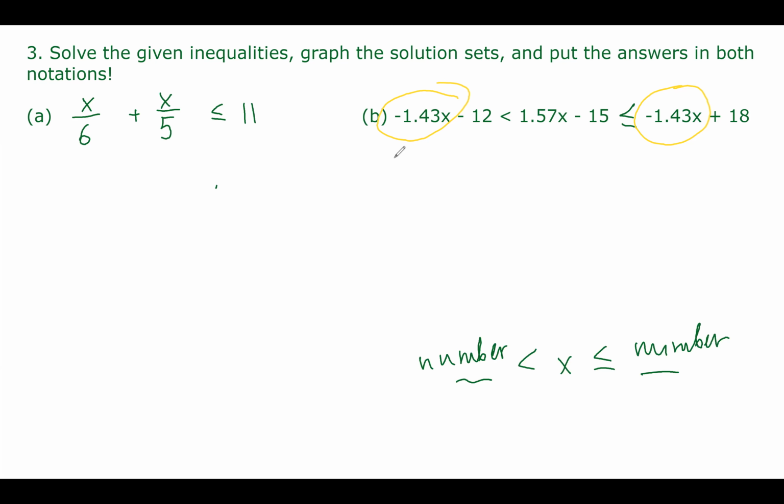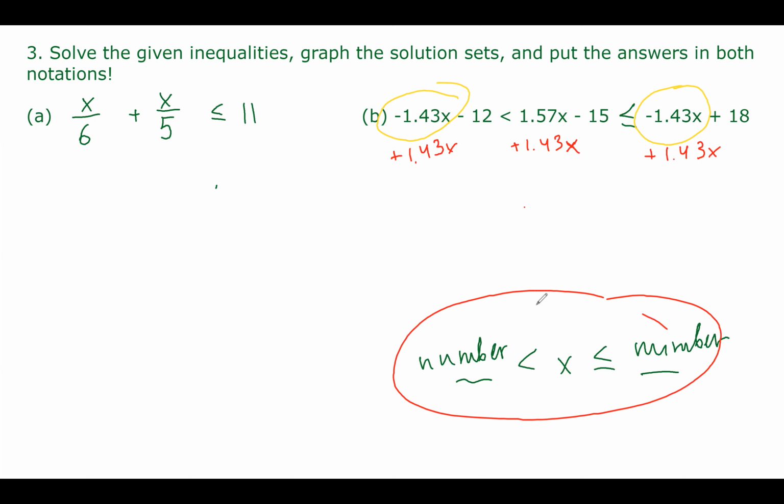So once again, plus 1.43x, plus 1.43x, plus 1.43x, right? Because I want x to be on only one side, namely the middle, because the answer must be in this form.